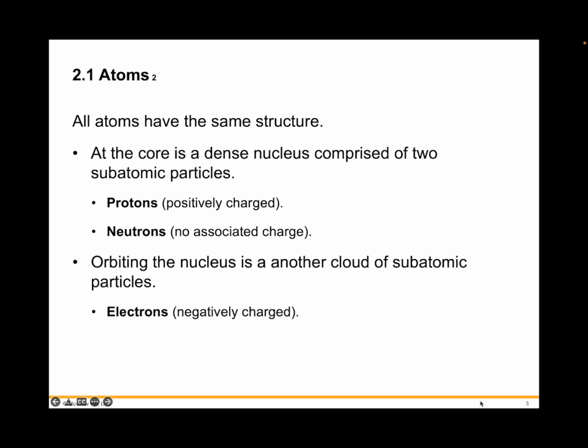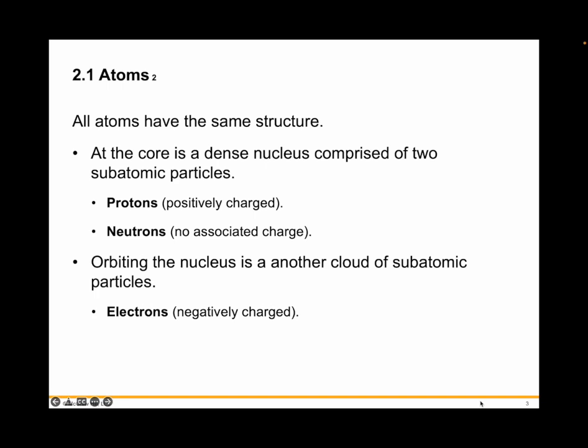For example, the atomic number of carbon is 6 because it has 6 protons. Atoms with the same atomic number have the same chemical properties and are said to belong to the same element. Formally speaking, an element is any substance that cannot be broken down into any other substance by ordinary chemical means.